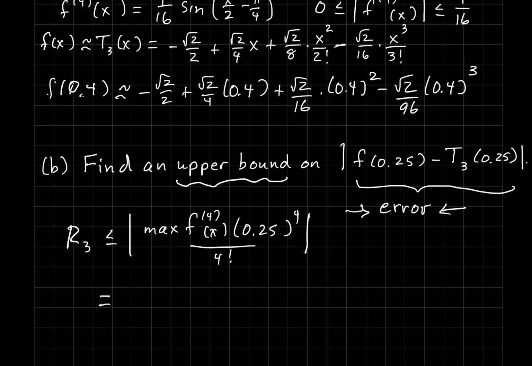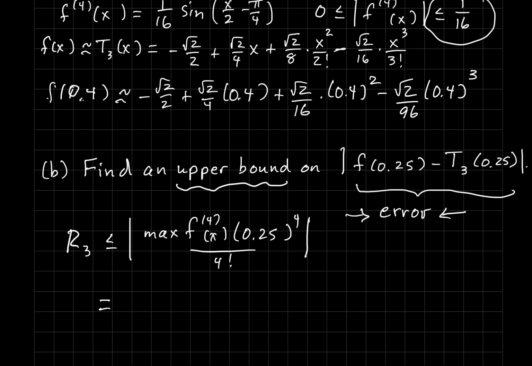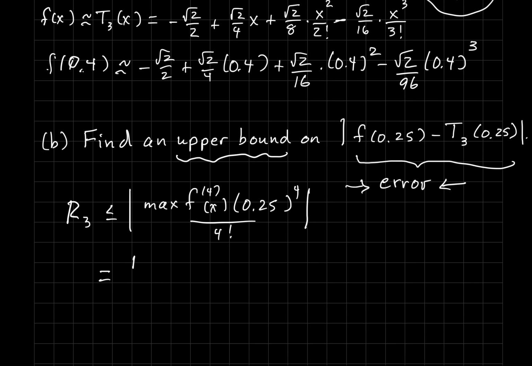The only thing I'm missing is the max, but we already saw right here that the max is 1 over 16. So I can put 1 over 16 times 0.25 to the fourth over 4 factorial, which is, and I did the work to get this, 0.00001017 plus some more decimals.